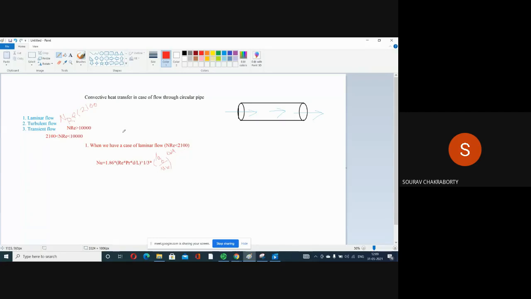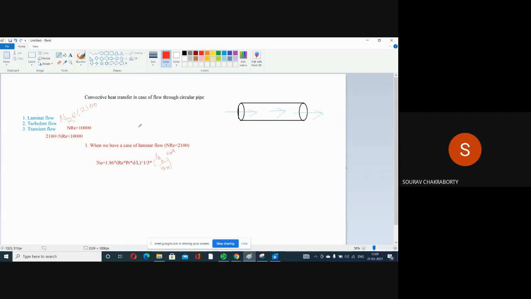So if you have a condition of laminar flow, Nusselt number can be written as 1.86 into RE into PR into D by L to the power 1 by 3 into mu B divided by mu W to the power 0.14.